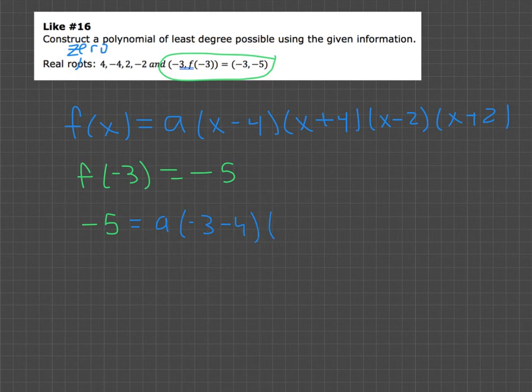So we get negative 3 minus 4, negative 3 plus 4, negative 3 minus 2, negative 3 plus 2. Simplifying further, we get negative 5 equals a times: negative 3 minus 4 gives us negative 7, negative 3 plus 4 is 1, negative 3 minus 2 is negative 5, and negative 3 plus 2 is negative 1.